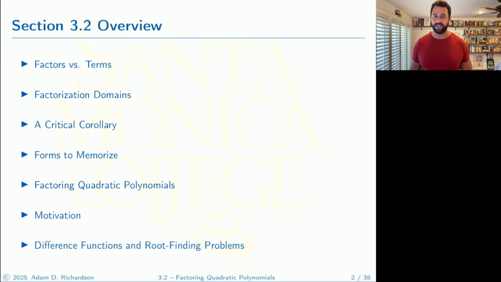They basically tell you what kind of numbers are allowed in a factorization. Then we're going to talk about a critical corollary that's related to the fundamental theorem of algebra. This is a bit of foreshadowing, a bit of looking ahead to section 3.5, but we're going to talk about it now just to give us some meaningfulness for why we care about this stuff.